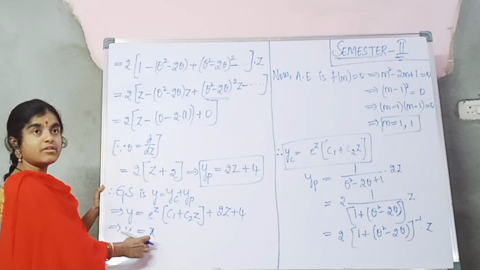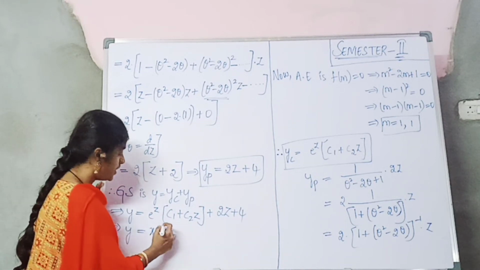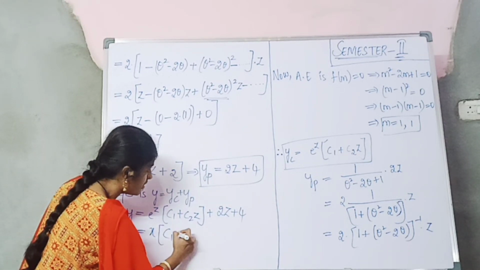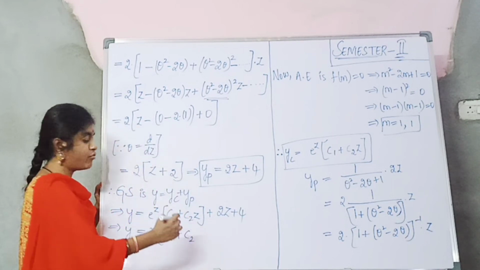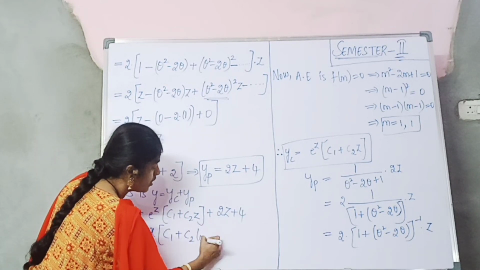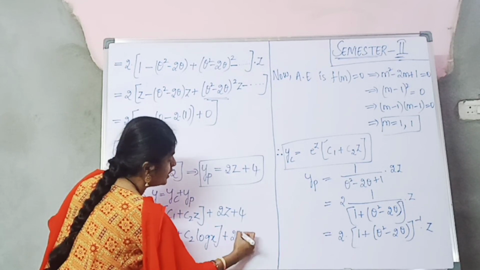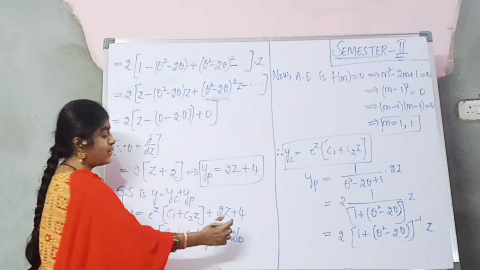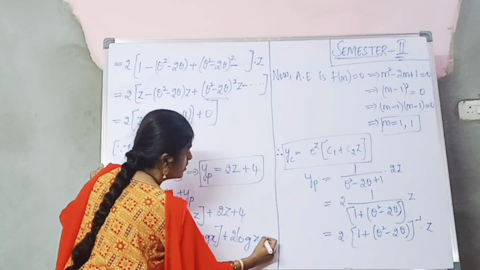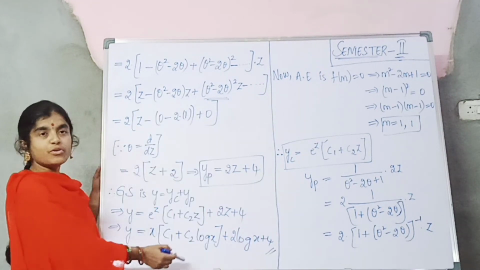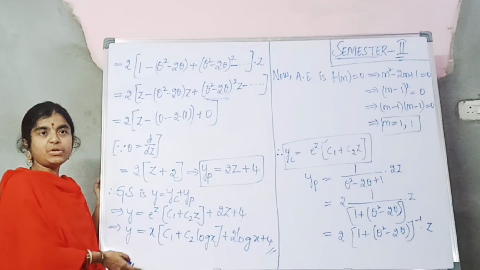So y = x (c1 + c2 log x) + 2 log x + 4, since z = log x. So this is the solution. With this we have completed the Cauchy-Euler equation.